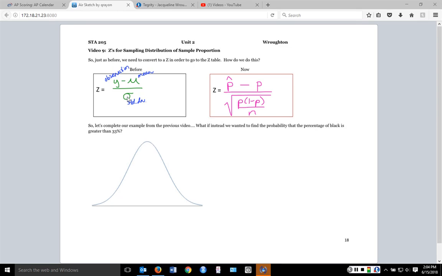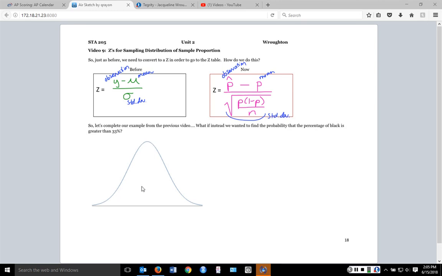So our p hat is going to be, this time, our observation that we get, because it's what we get from our sample. So let's suppose I got 33% black beads. That would be my p hat. Remember, the p still here is our mean. And this whole square root thing here on the bottom is our standard deviation. So we're following the same process as we did here.